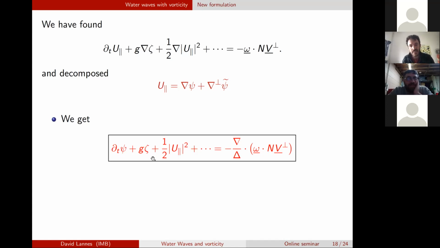So dt psi plus g zeta plus 1/2 of u parallel square. So in the Zakharov-Craig-Sulem equation, this was grad psi plus some other nonlinear terms, which are of no importance here, is equal to minus this Fourier multiplier applied to omega dot n times v perpendicular.